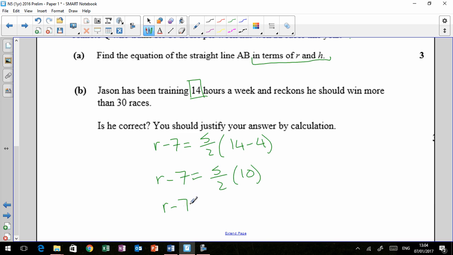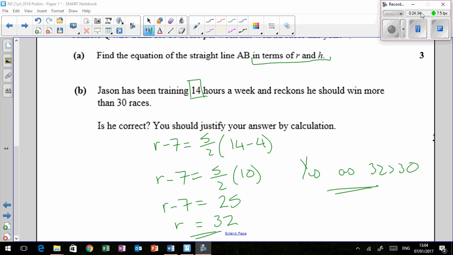So 5/2 of 10, well, half of 10 is 5, so 5/2 of 10 is 25. Then add 7 to both sides, r is 32. So is he correct? Yes, as the 32 is bigger than the 30 races he thinks he should win.